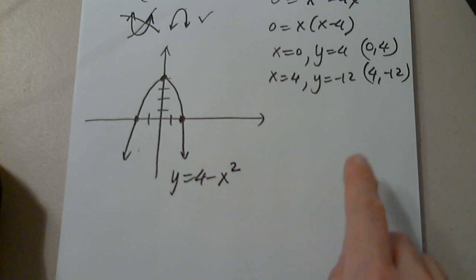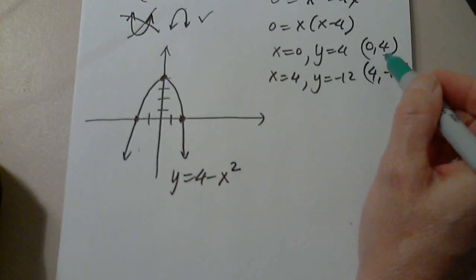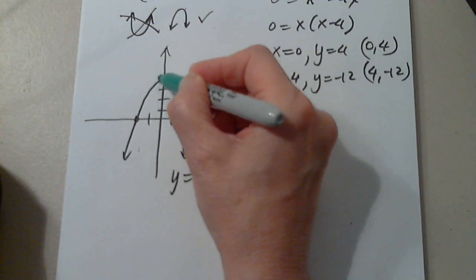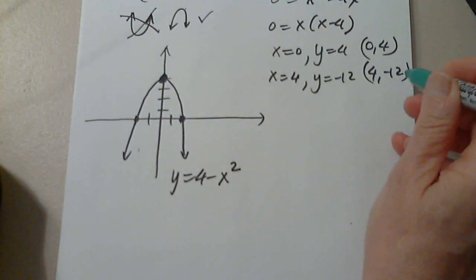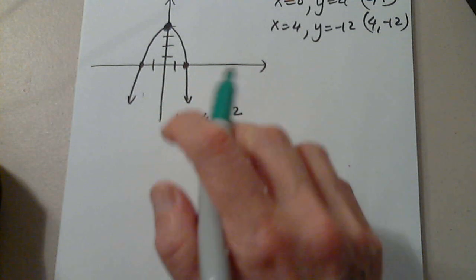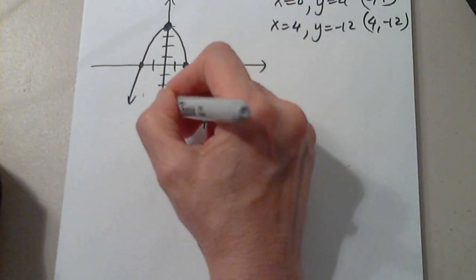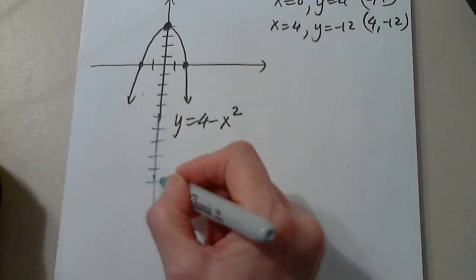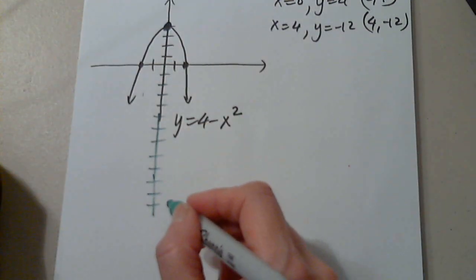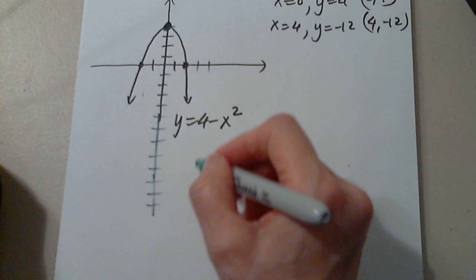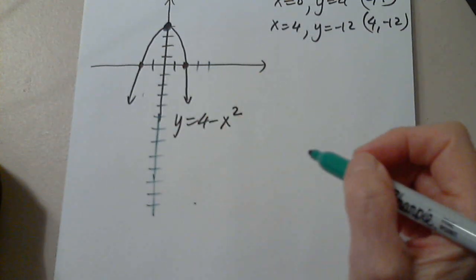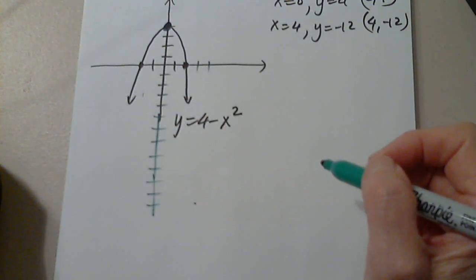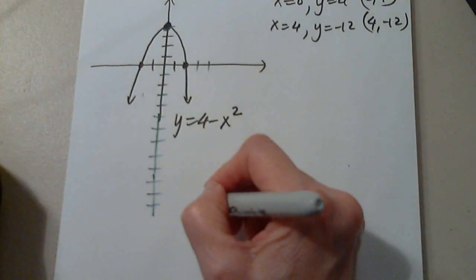Because I went ahead and found the points of intersection, I know that (0, 4) is this point, and (4, negative 12). Sorry, of course, (4, negative 12).